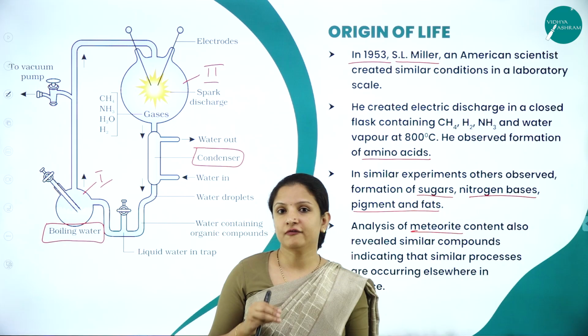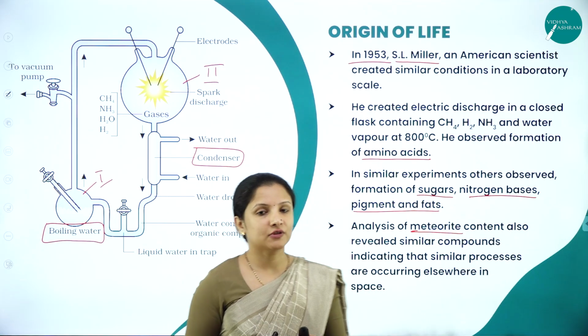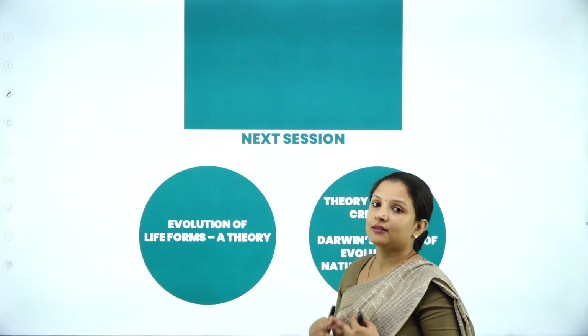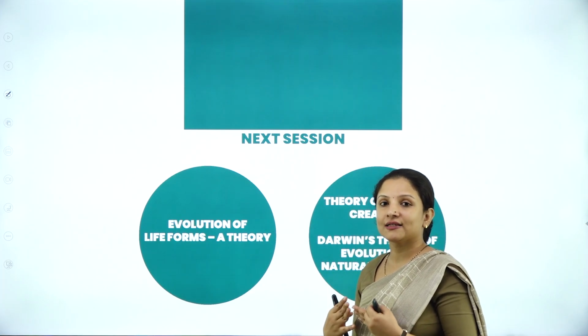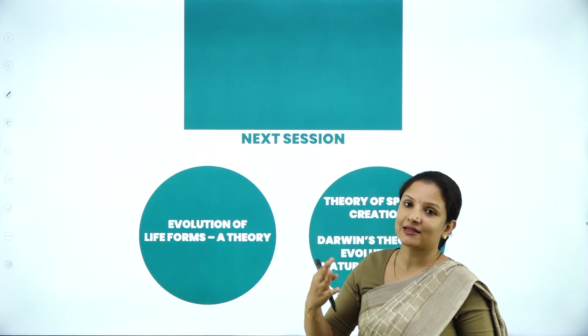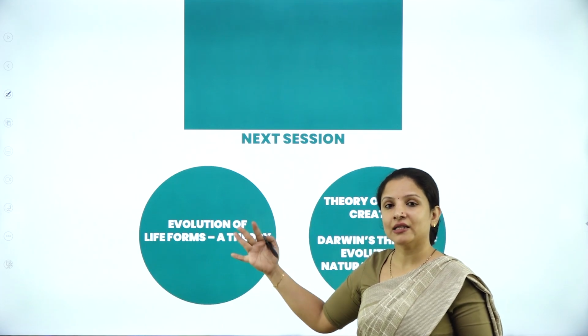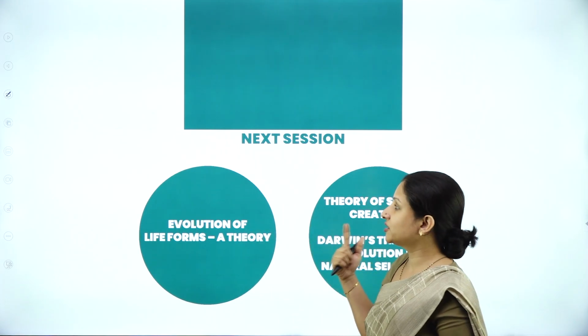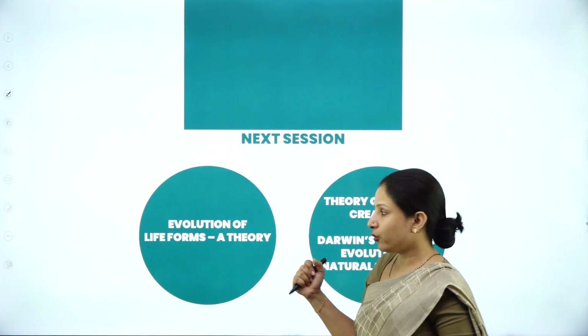This session covered how life formed on this planet and how the atmosphere with various gases got created. In that, Stanley Miller's experiment is one of the important experiments that you need to study because it can come up for a 5-mark question.